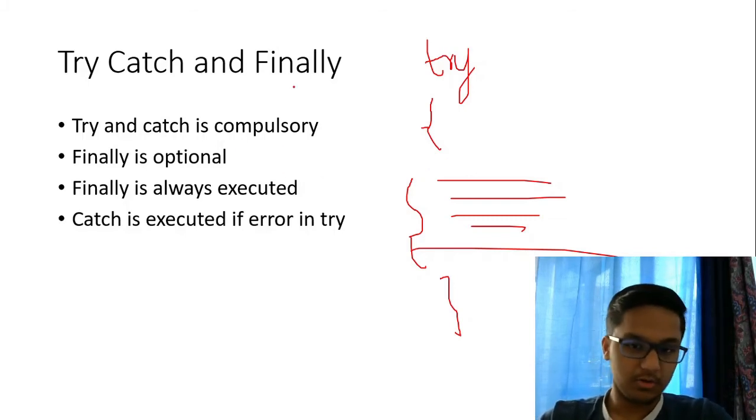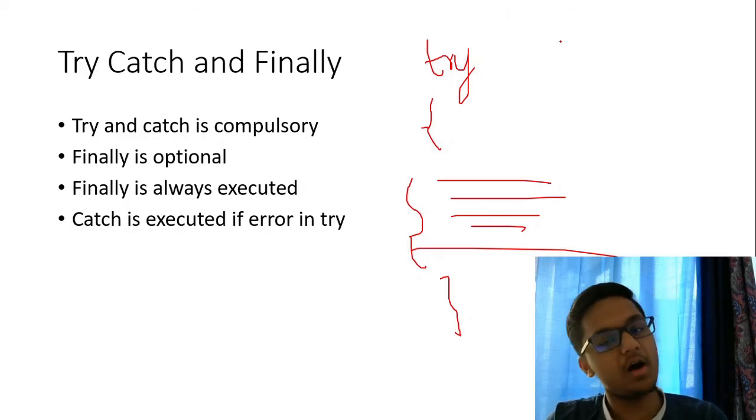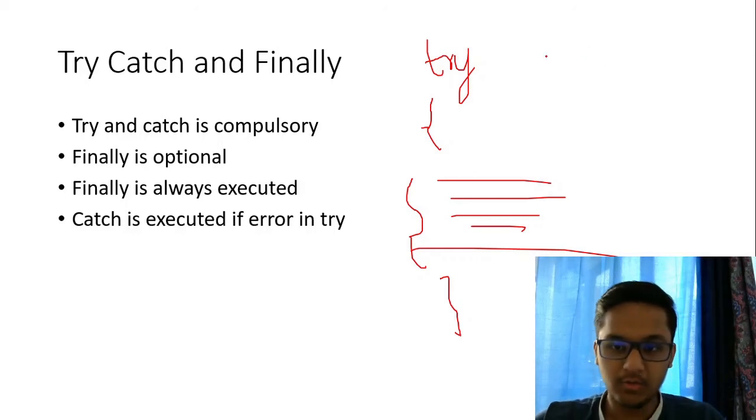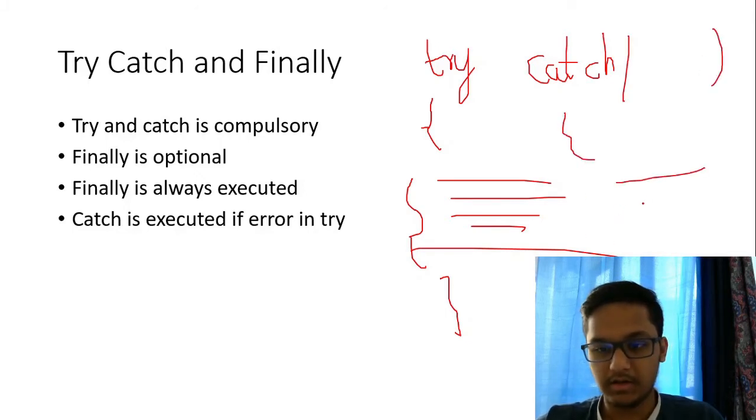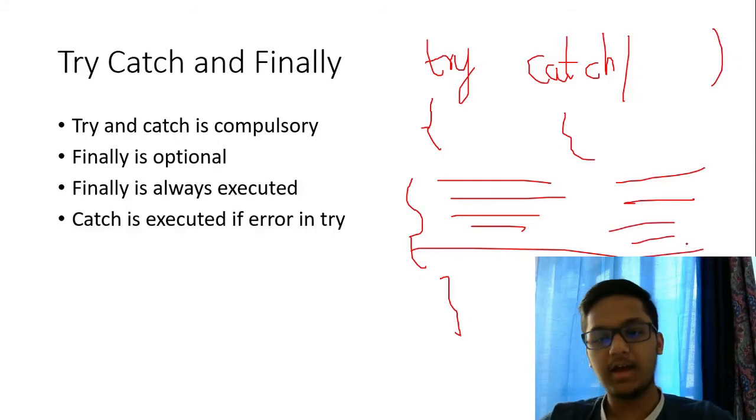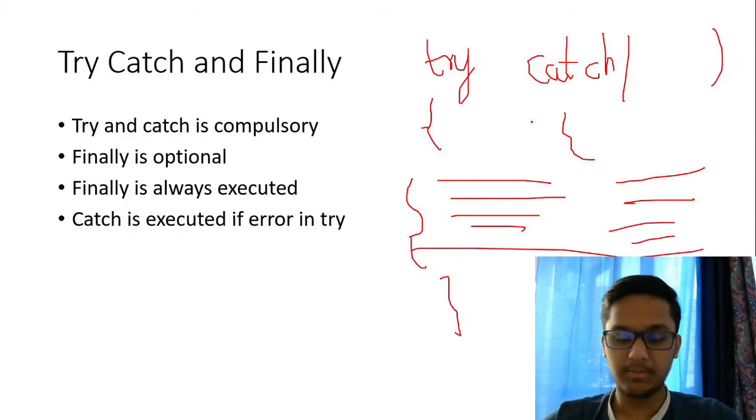Now, what is the catch block? The catch block is what happens if an error is found in a try block. So how do we use the catch? It's something like this: catch, and then we have a parameter over here, which I'll be covering in a bit. And then again, we have lots of code over here. Again, you can have multiple catch blocks like the try block.